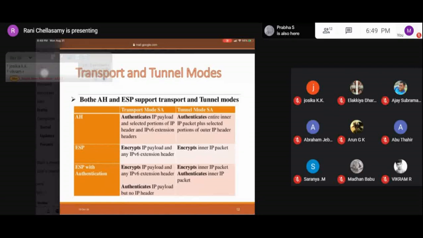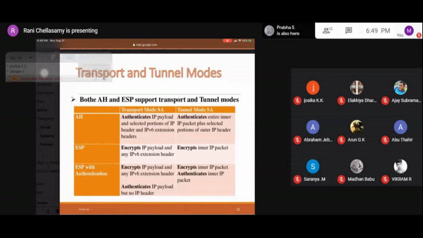A tunnel, you may have heard of, we have seen this tunnel protection in the virtual private network, VPN. That is why we go for tunnel: the packet will be surrounded by another packet, so that the original data could not be lost. So that is the tunnel mode.